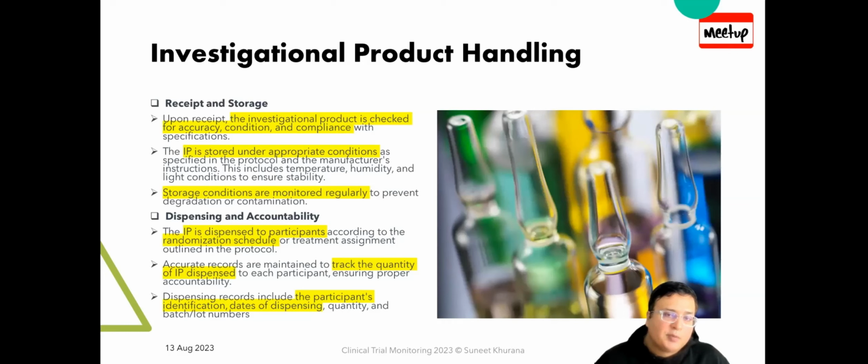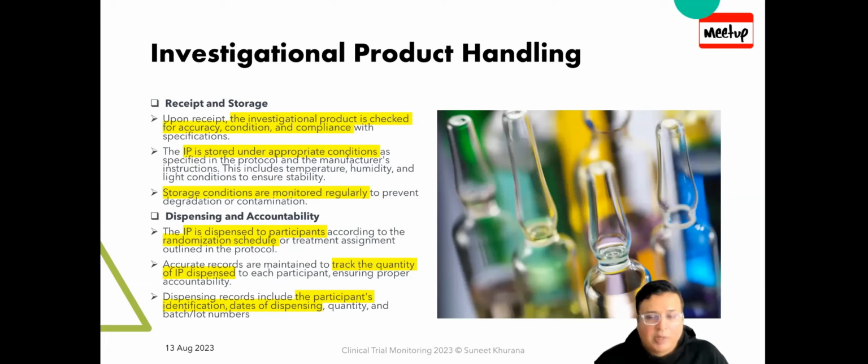Upon receipt, the investigational product is checked for accuracy, condition, and compliance, then the IP is stored under appropriate conditions. Storage conditions are monitored regularly to prevent degradation or contamination. There has to be a temperature-controlled environment in which the drug is supposed to be stored.